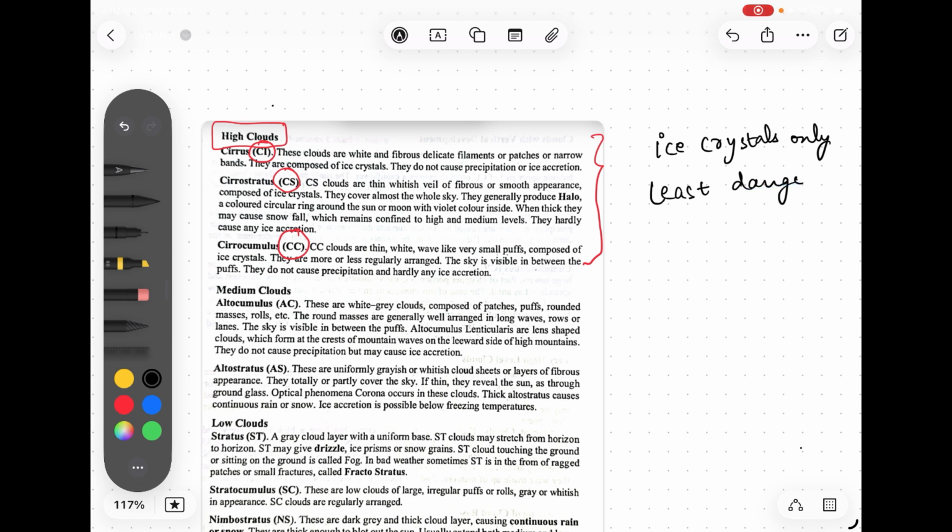Those are the high level clouds. They are calm, there's not much turbulence, and they have ice crystals, but they do not produce icing or precipitation.